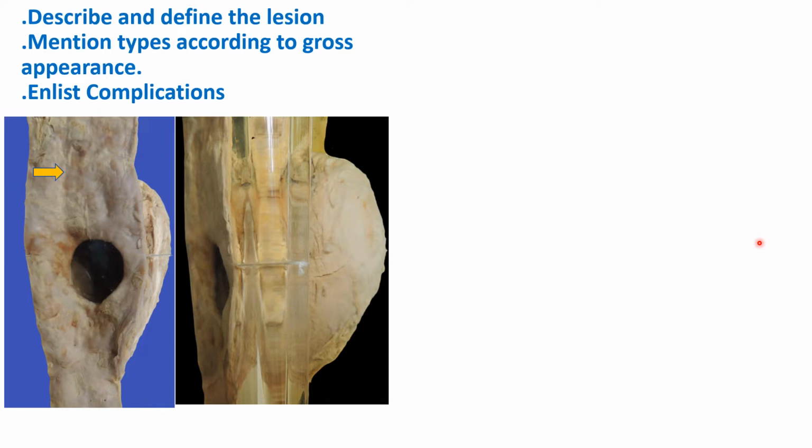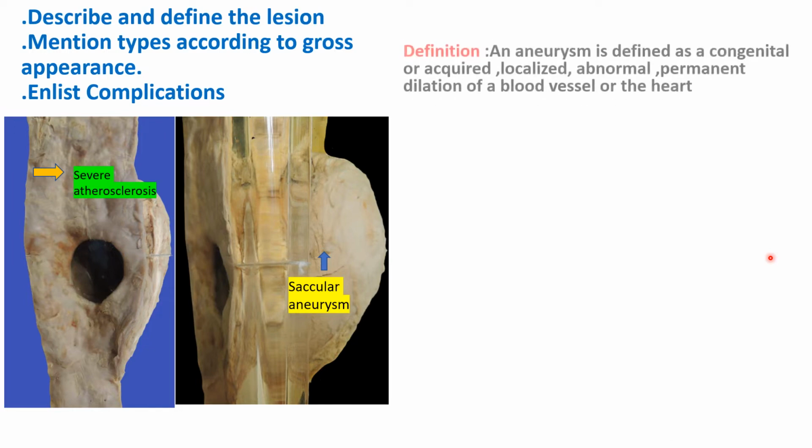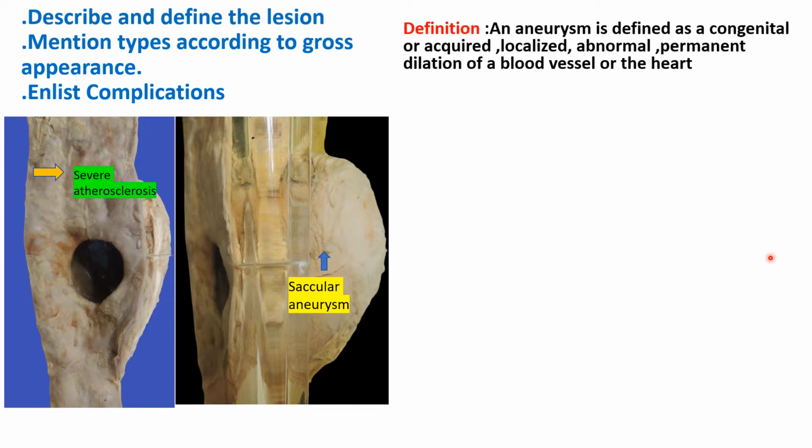These are the atheromatous plaques as seen here. And this is the saccular type of aneurysm. Now based on the shape, there will be different types. So first, let us define the aneurysm. An aneurysm is defined as a congenital or acquired localized abnormal permanent dilation or dilatation of the blood vessels or the heart.